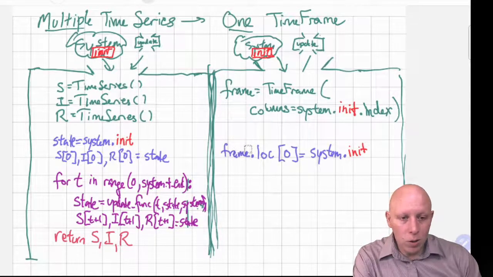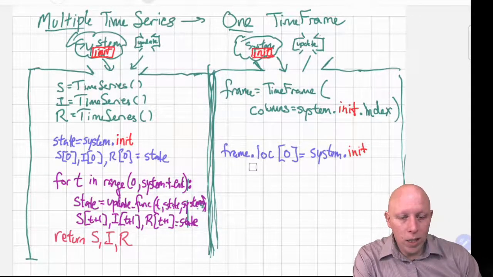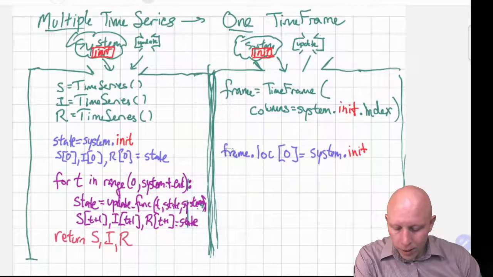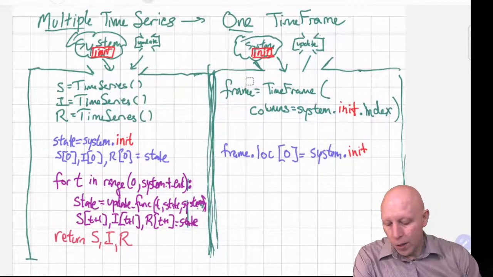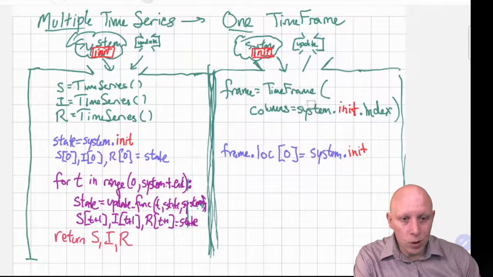Now what we're doing is we're looking at the first row of our time frame. And remember, to access a row in a time frame, you have to use .loc, so location. So frame.loc of 0 is equal to system.init. The empty time frame already knows what the columns of init are. You told it.